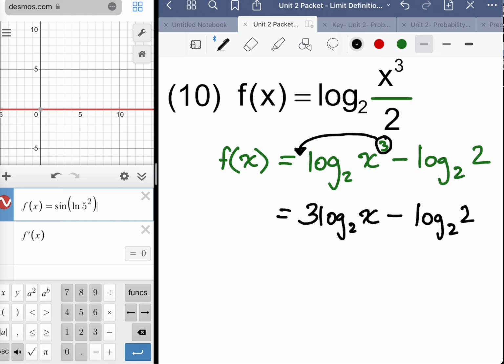We talk about the base and ask ourselves, what power would that base have to be raised to in order to get the argument of the logarithm, the subject of the log? In this case, 2 to the first power would give us a 2. So the result of this log would be equal to 1.